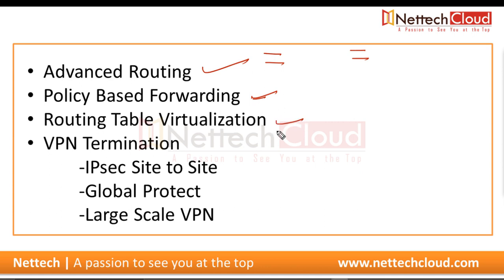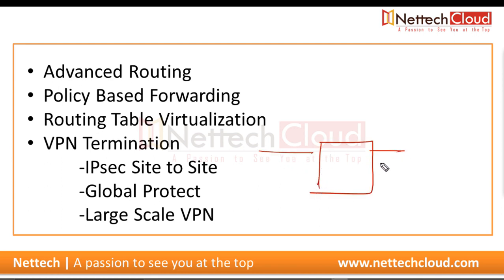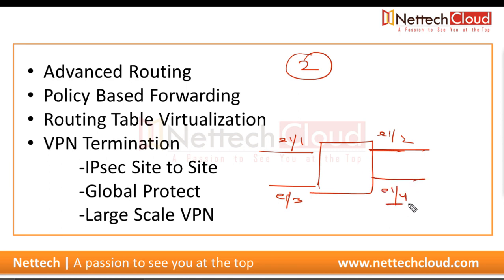And the third one is routing table virtualization. So what is routing table virtualization? It means you want the Palo Alto firewall to maintain two separate routing tables. In one routing table, you want to put two interfaces, Ethernet 1/1 and 1/2, and in another routing table, you want to put two additional interfaces.